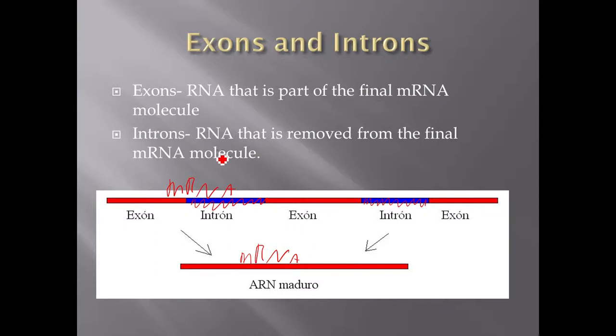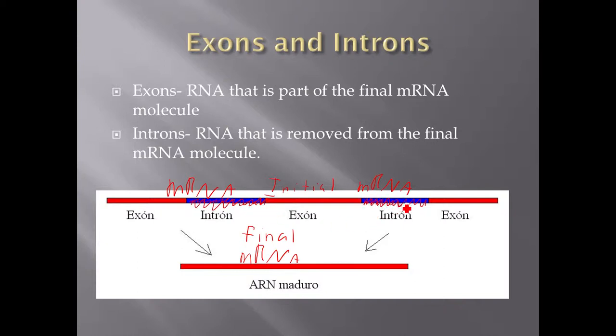So the introns are the RNA that is removed from the final mRNA molecule. So this here would be my final mRNA molecule, and this here is my initial mRNA molecule. The exons become part of the final molecule, while the introns are deleted and removed.